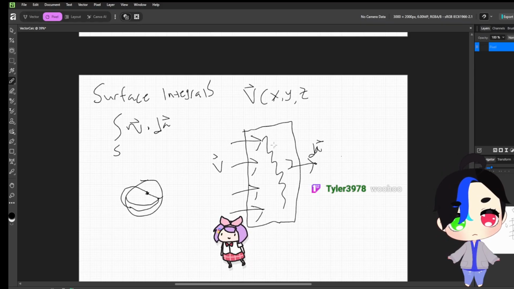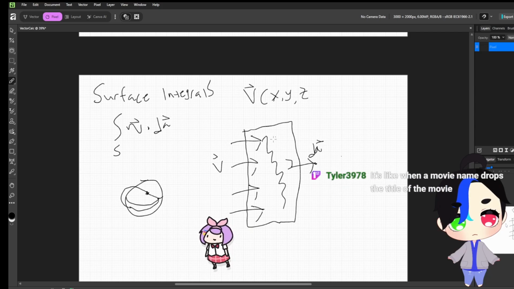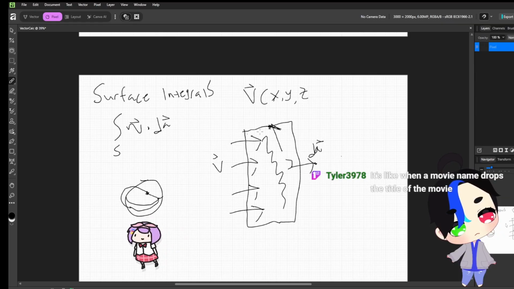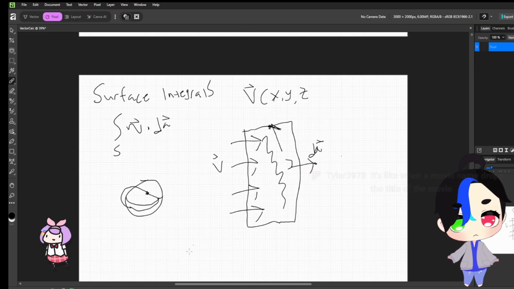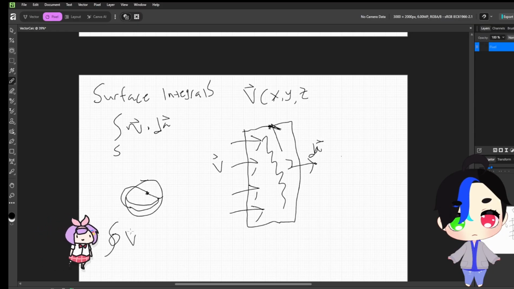As opposed to this rectangle, where if I move to the edge, I could just leave the surface of the rectangle. That's not possible on a sphere. So that's what we define as a closed surface. And if we're integrating over the closed surface, then similar to the line integral, we just do that circle, F dot dA.